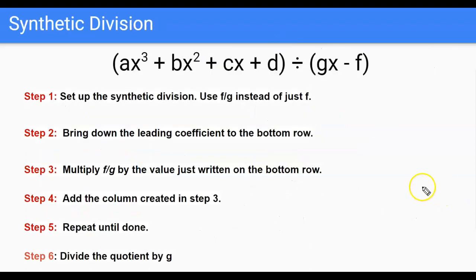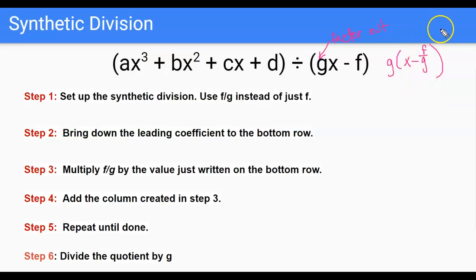Now, I did mention that the big holdup with synthetic division is that it only works if you're dividing by a linear factor. It does not work if there's a coefficient in front of that linear factor. So the way we get around that is that we have to factor out that leading coefficient. So when I do that, I always end up with x minus f over g.